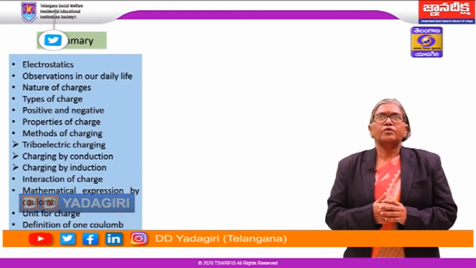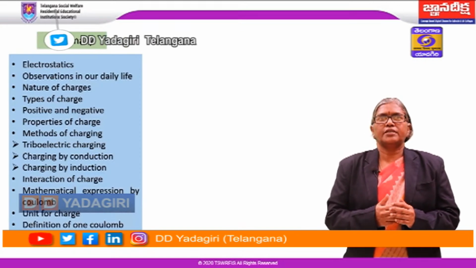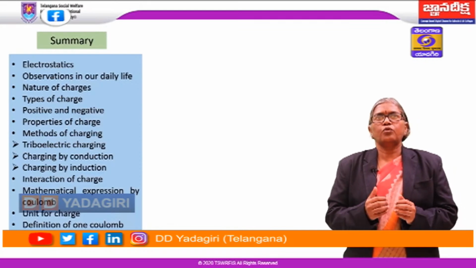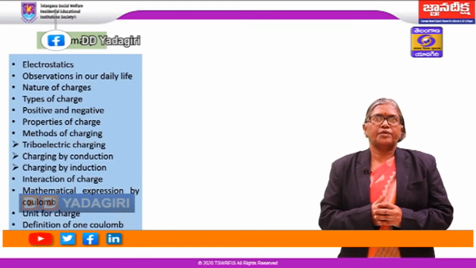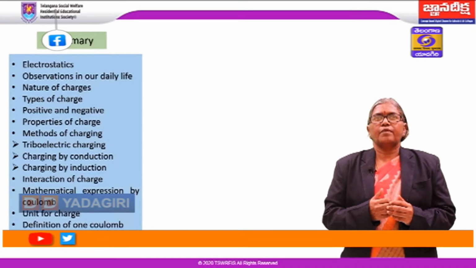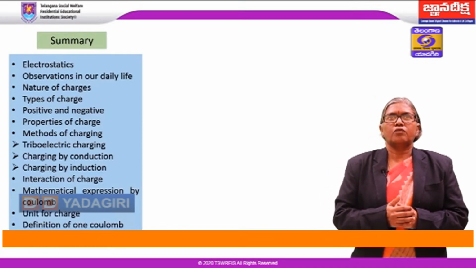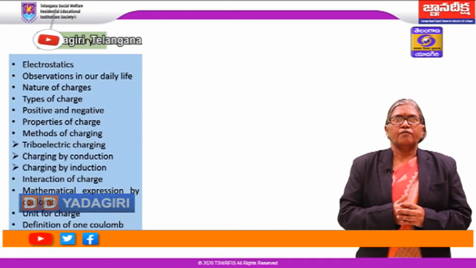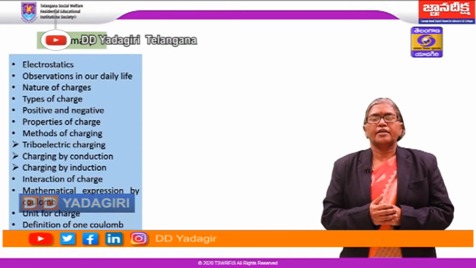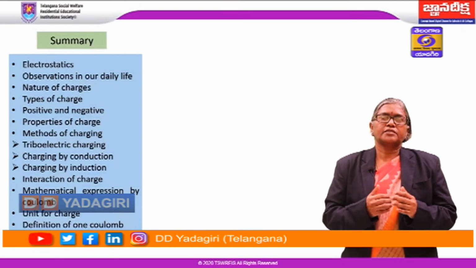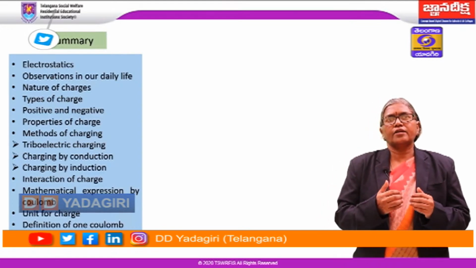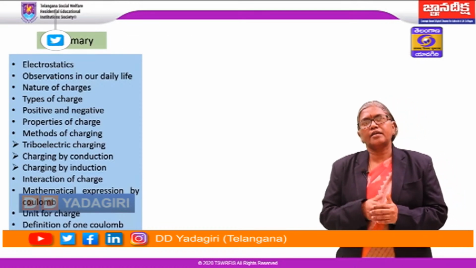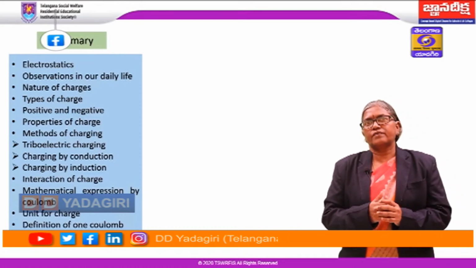Later, we learned how charges interact with other charges. For this, Coulomb gave a mathematical expression, called Coulomb's inverse square law. Its statement is: when two charged objects are kept at a separation, the electrostatic force existing between the two charges is directly proportional to the product of the charges.